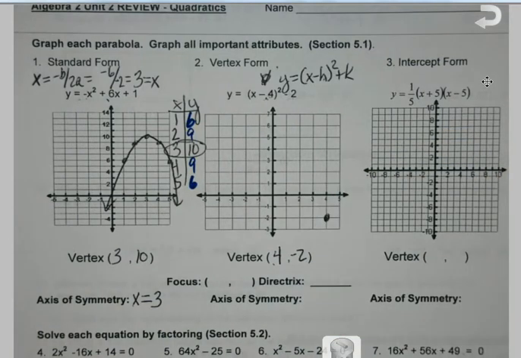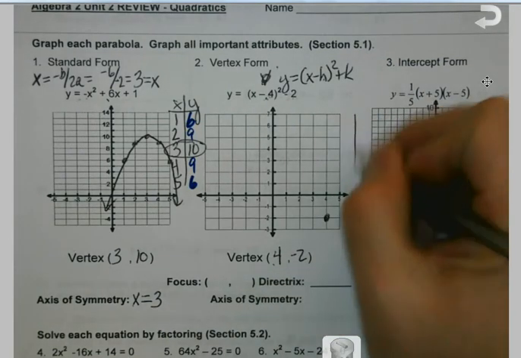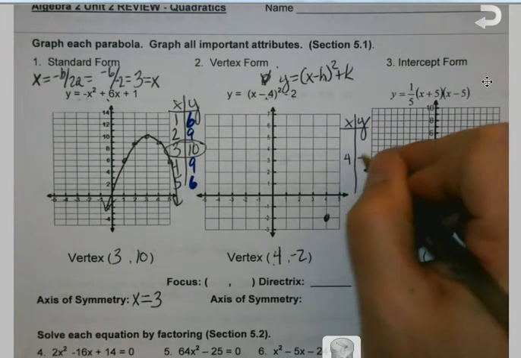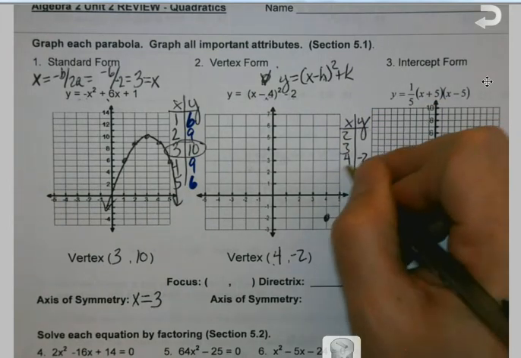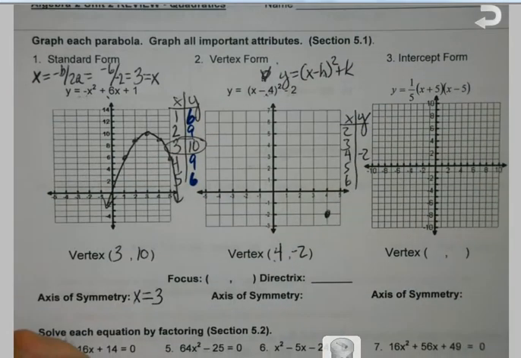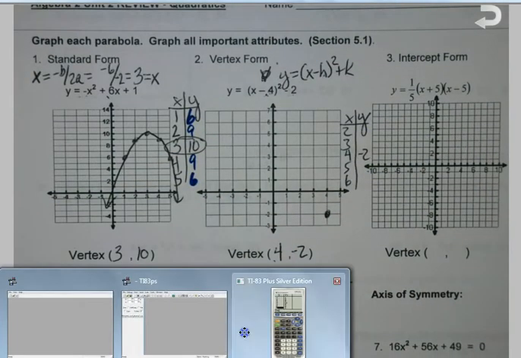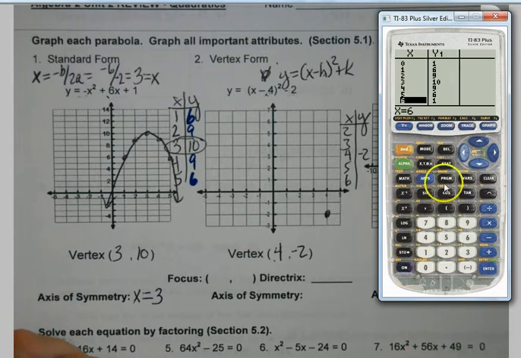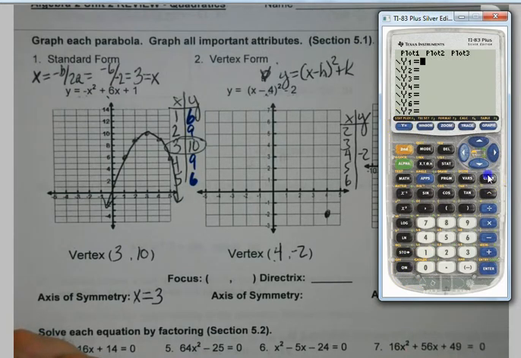Now to get the rest of my points, I can't just plot a single point. So here's another one of those situations. I know my vertex. I want a couple of values below and above. Now some of you are wondering, do I have to show the chart tomorrow if I use the calculator? The answer is no. But it's always nice to show any sort of work whenever you have it, because just in case you do something silly, you can still get partial credit then.